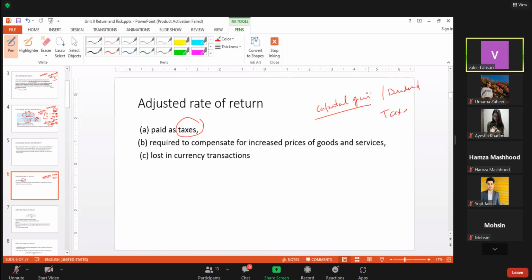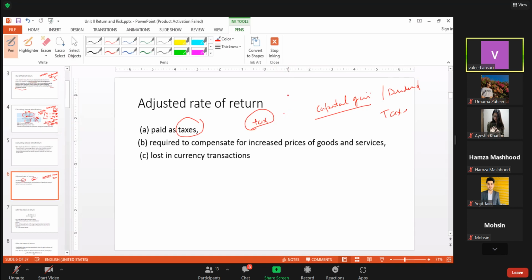For example, in India, there is a short-term and long-term capital gain, but for the moment, just forget about that. The point which I am trying to underline is that the return should be adjusted for the tax which the holder of that security will pay.